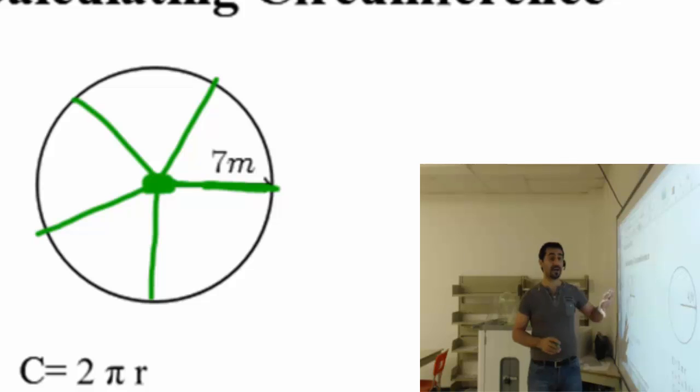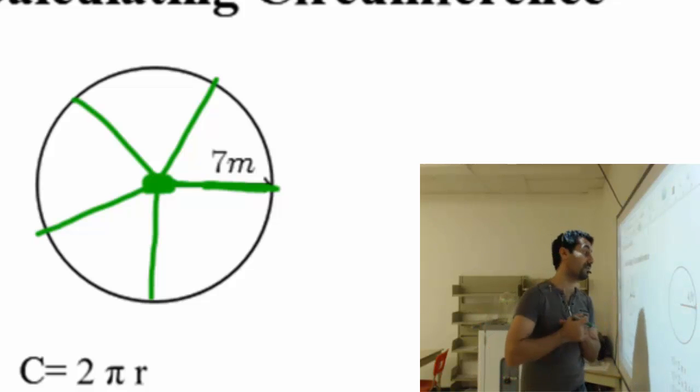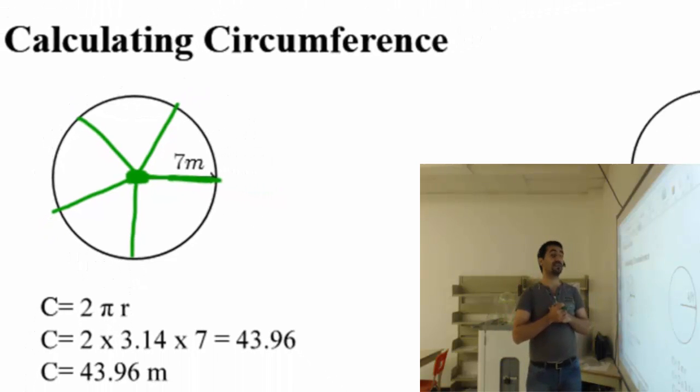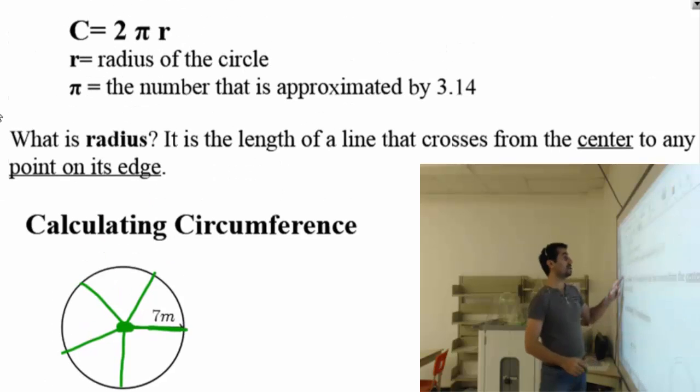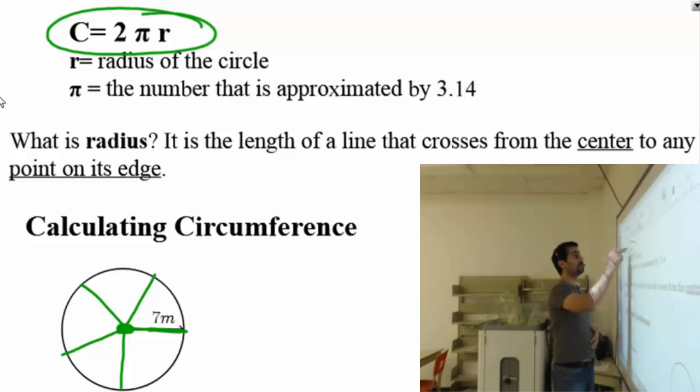So, in order to calculate the perimeter, I meant the circumference of the circle, you need to follow the formula. The formula is right here. It's also in the formula handout. You have circumference equals 2 pi r. 2 is the number 2.